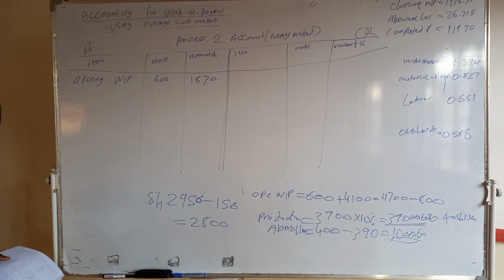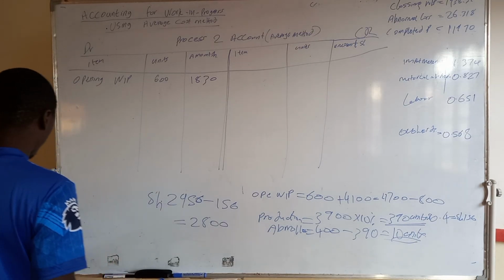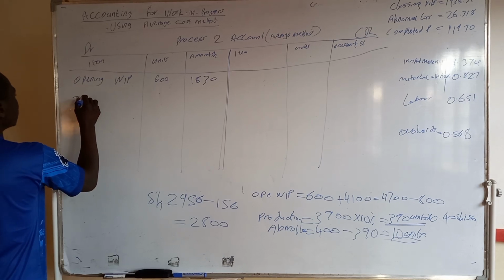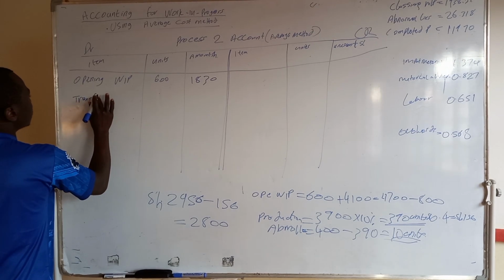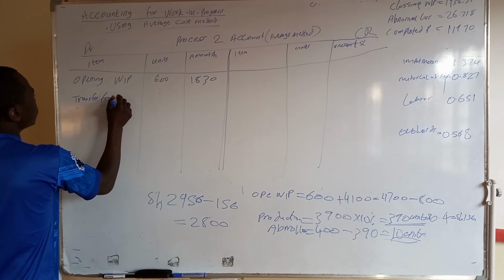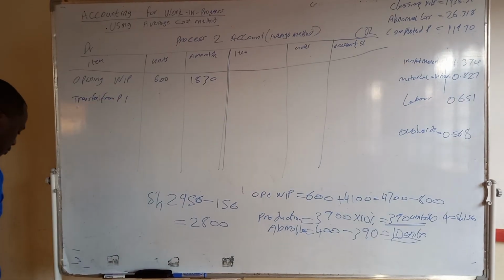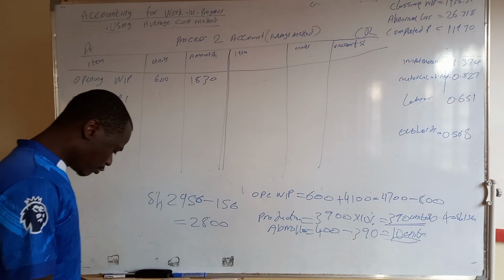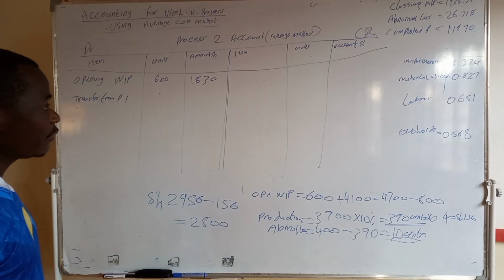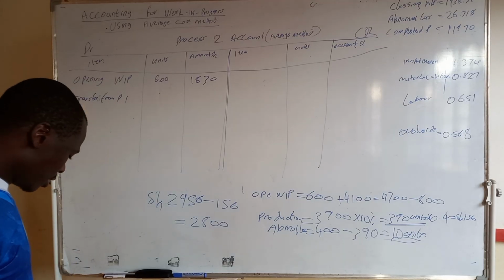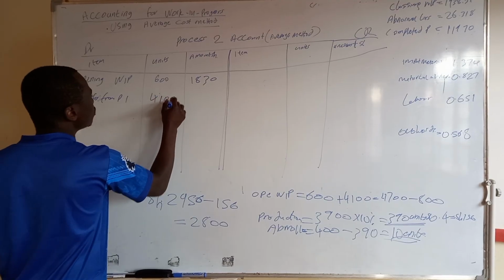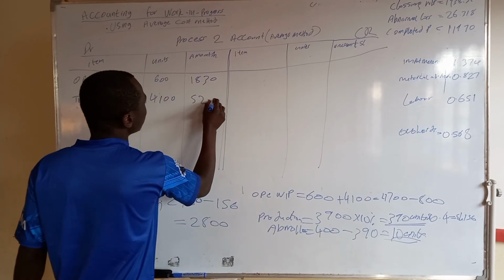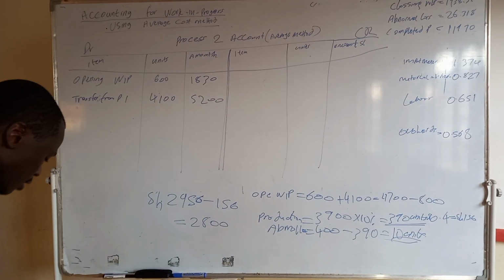Now we have transferred from process 1. Transfer from P1, you were given 5,200 units.